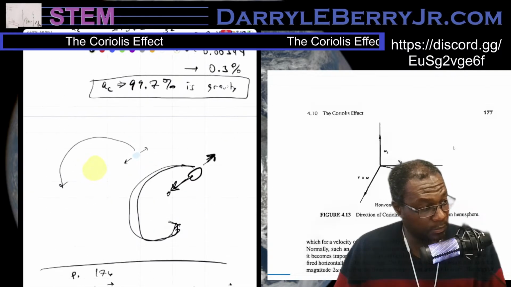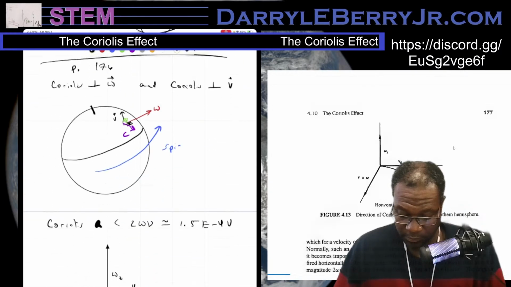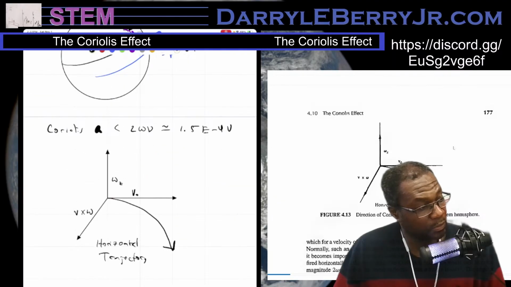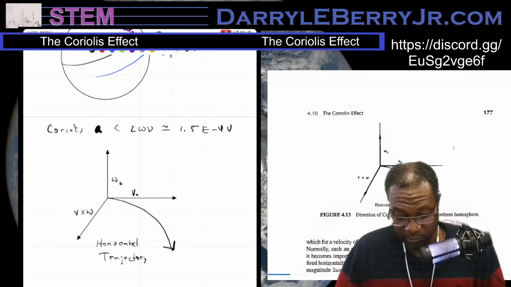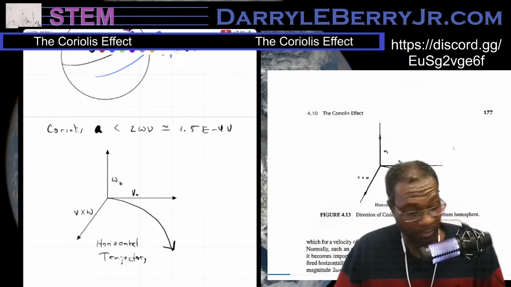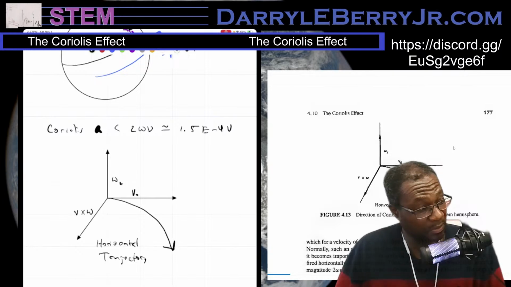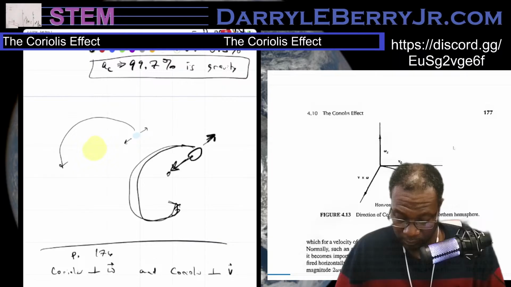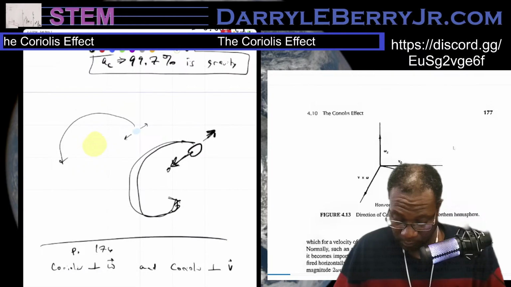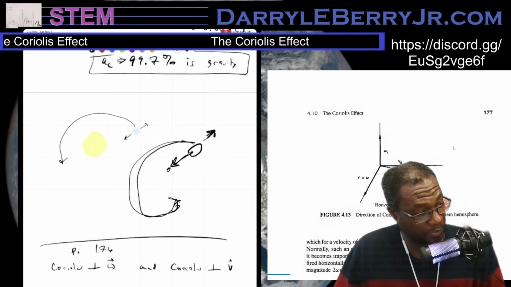Omega. So omega z, omega is going out the page. At least, up from the surface of the Earth, I guess just to see. The omega has crossed the Earth. Perpendicular to omega and v.